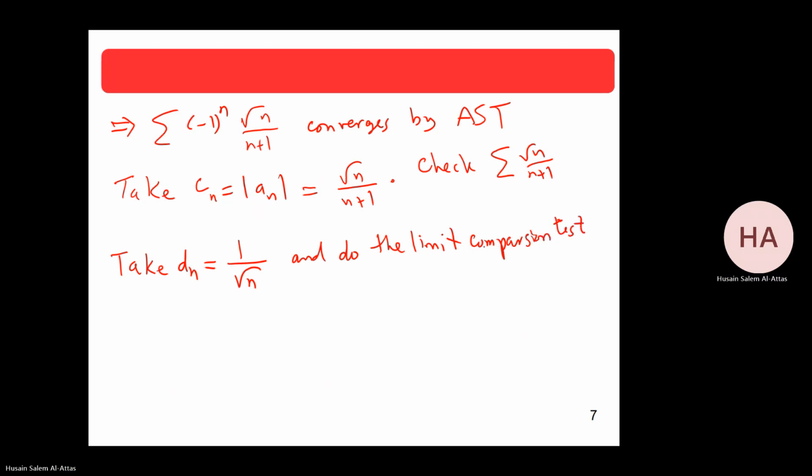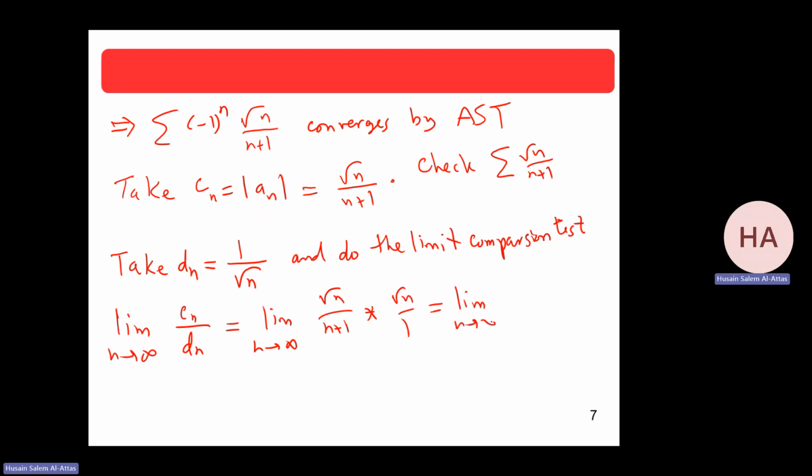So you have the limit as n goes to infinity of Cn over Dn. That will be the limit as n goes to infinity of square root of n over n plus 1 times square root of n over 1. That will be the limit of n over n plus 1, which is 1, positive. So either both converge or both diverge.